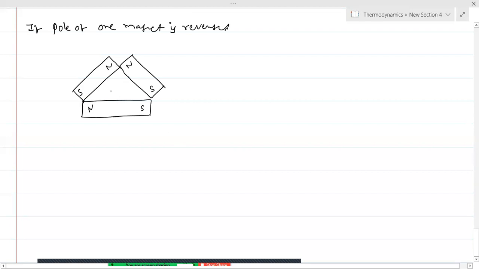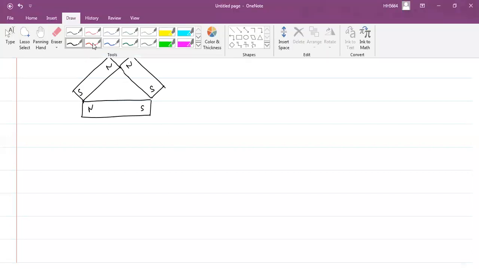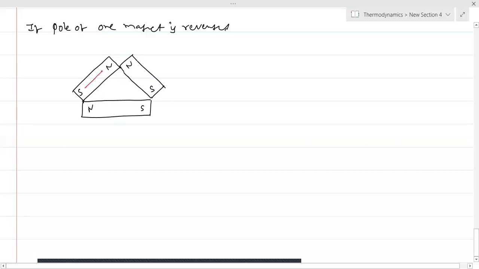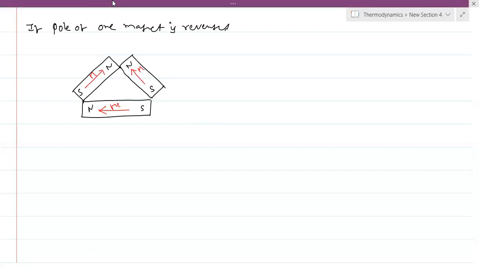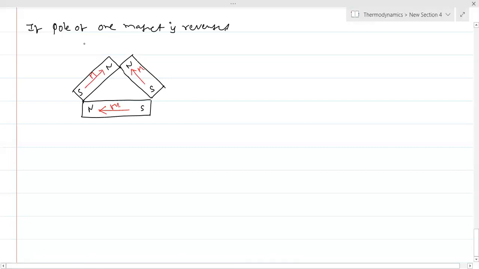So in this case, let us see. Here the magnetic moment is S to N, this is M, and here the magnetic moment is M, and here the magnetic moment is S to N, this is M. We will take the vector resultant of this possibility.